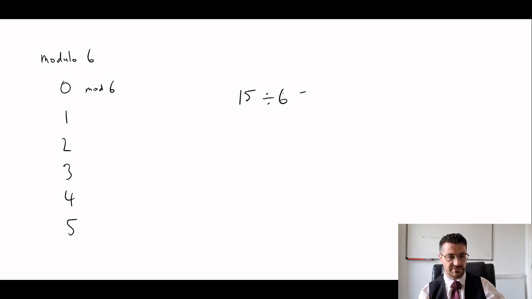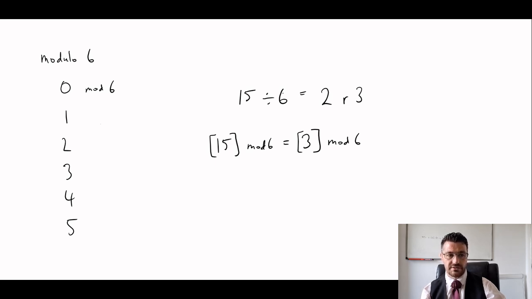I feel like I'm going back to year 6 here. 15 divided by 6 is 2, remainder 3. So what that means is that 15 modulo 6 is equal to 3 modulo 6. We're looking at the remainder. Where do I get the 3 from? It's the remainder of 15 when divided by 6.